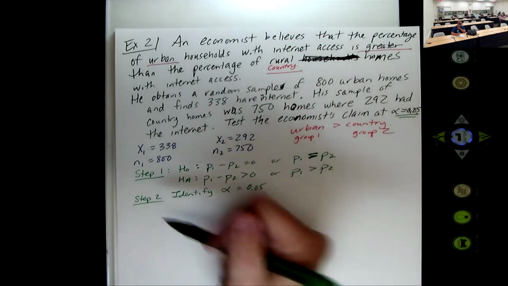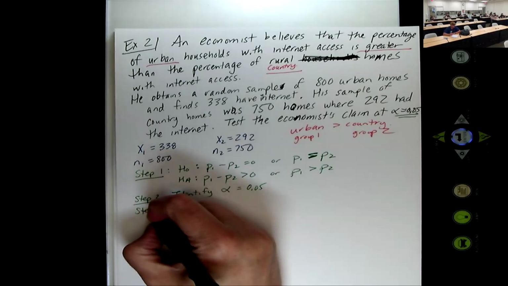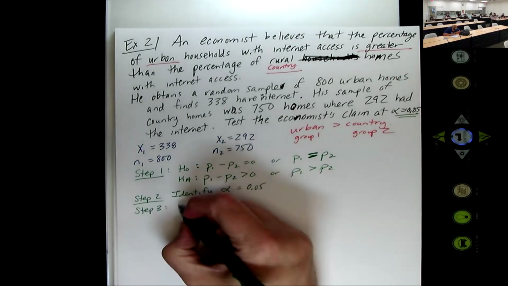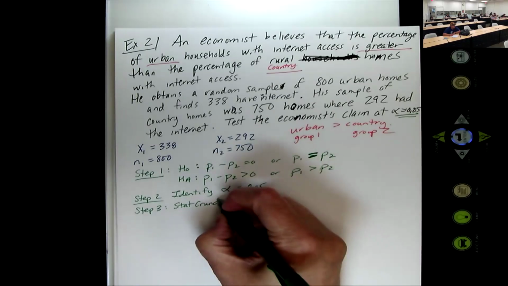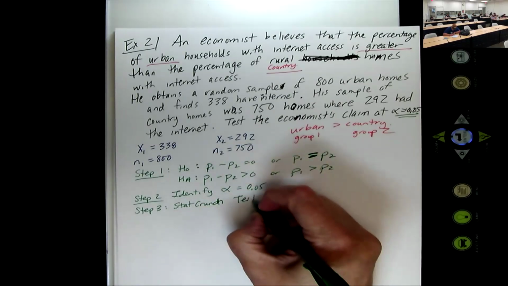Step 3, this is our StatCrunch step: test statistic and p-value.